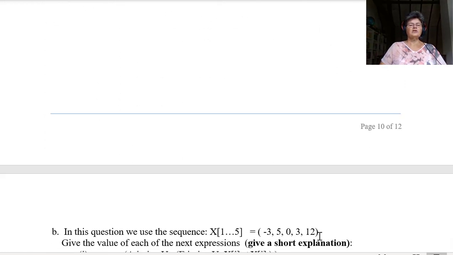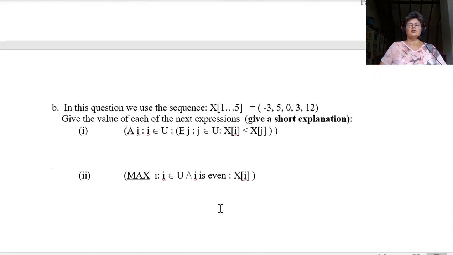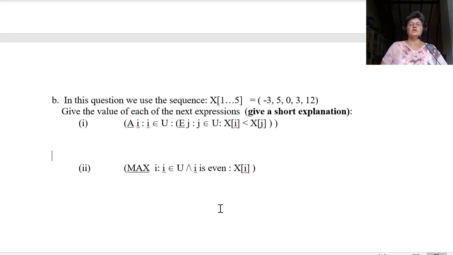Let's look at question B. So again, we have a sequence of 5 elements, and now we already have a filling. So the values are -3, 5, 0, 3, and 12. Give the value of the next expression.